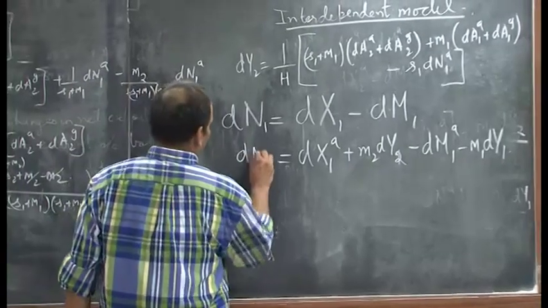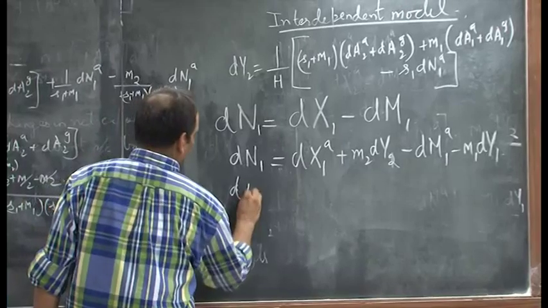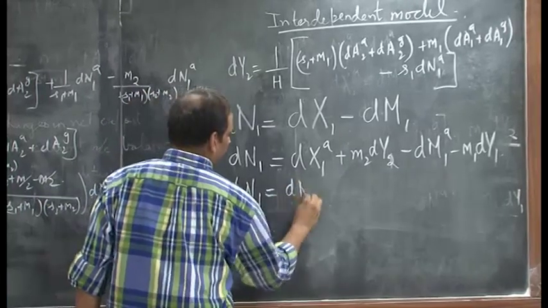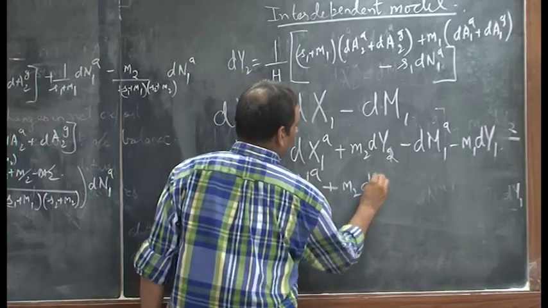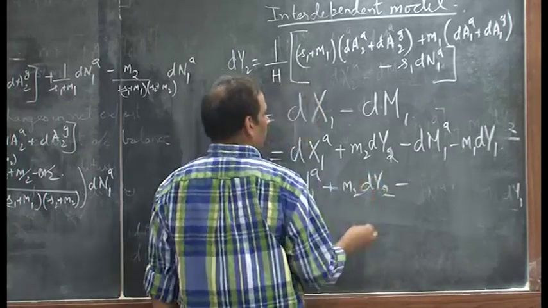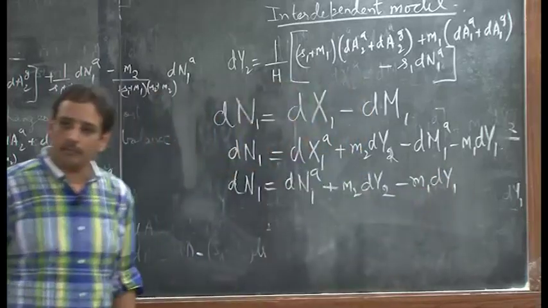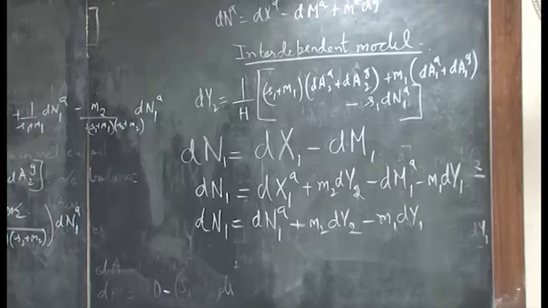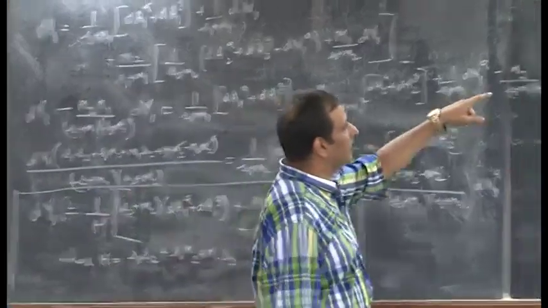So, DN1, the change in current account balance, is equal to DN1A plus M2 dy2 minus M1 dy1. Now, you have already got the values of y1, dy1 and dy2.